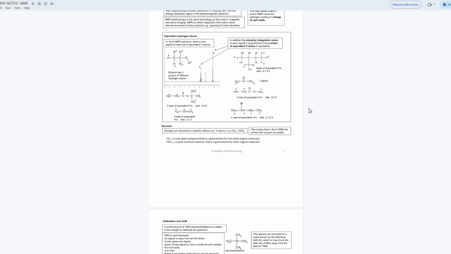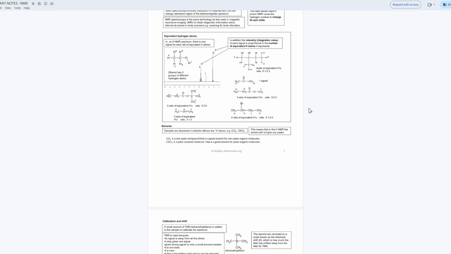In addition, the intensity integration value of each signal is proportional to the number of equivalent H atoms it represents. So that's why the 3A group is the tallest. Three sets of equivalent hydrogens, ratio 3 to 9.